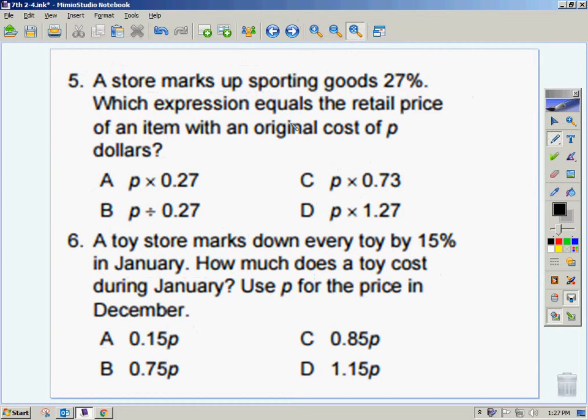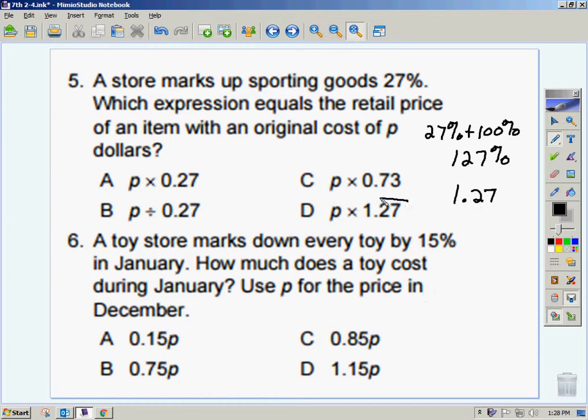Number 5, a store marks up sporting goods 27%. If they're marking up sporting goods 27%, remember that a markup is being added to the 100% that we normally would pay. So I'm now paying 127%. And as a decimal, that 127% looks like this.